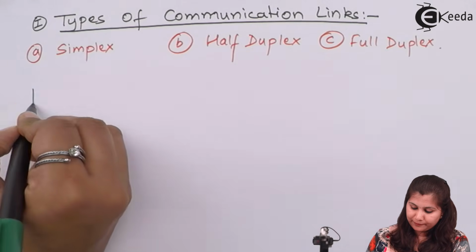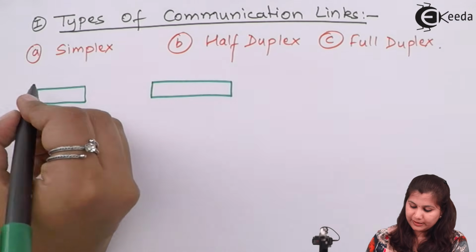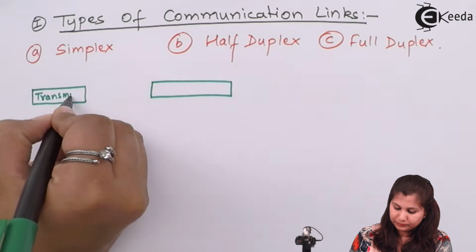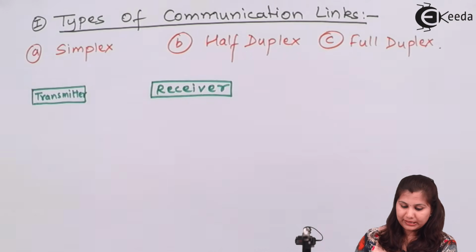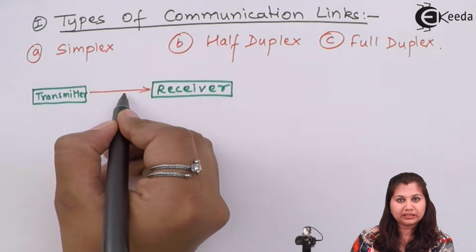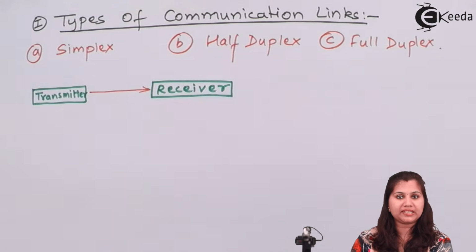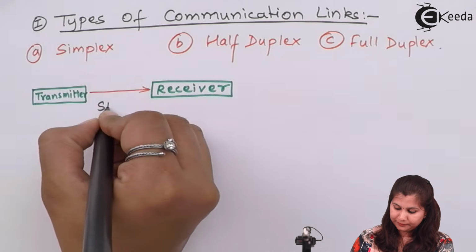In simplex, suppose this is the transmitter, this is the receiver. So in simplex communication link, the transmitter is going to transmit the data and the receiver is going to receive the data. So here we will have only a single line.